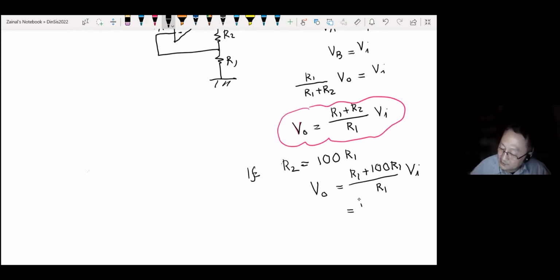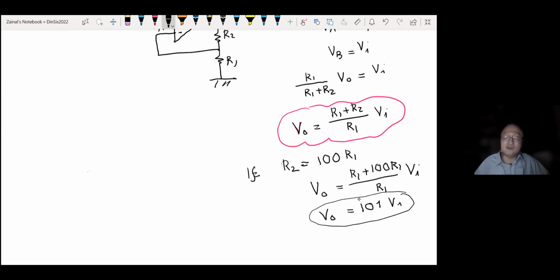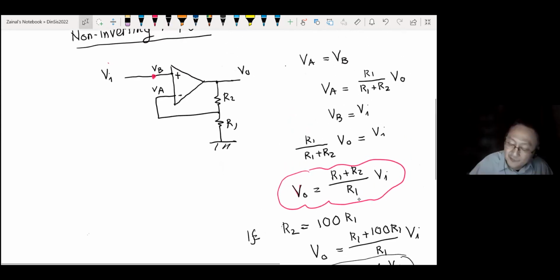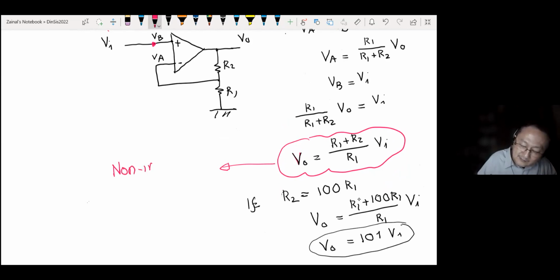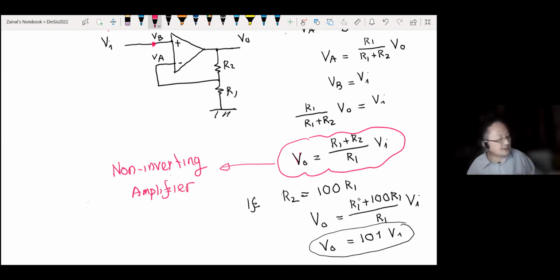Therefore this becomes 101 multiplied by VI. So the output is 101 times VI. This one has no minus sign, so it is called non-inverting amplifier. Any question?